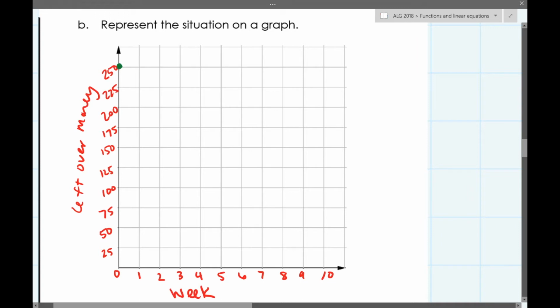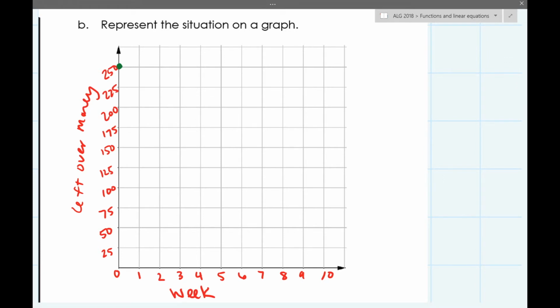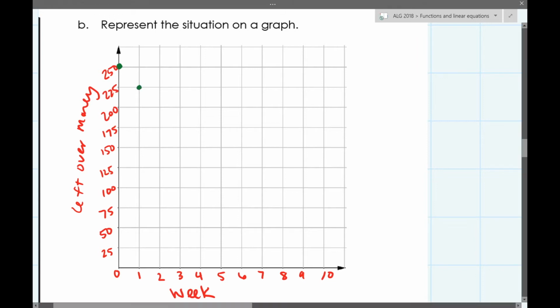Now, after 1 week, how much am I spending? How much did I take away? Well, remember, I'm going down each time by 25, so after 1 week, I'm down 25. Now, if I keep going, after 2 weeks, I'm down another 25. So 225 minus 25 is 200. There's a pattern right here.